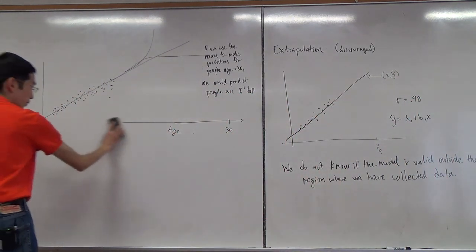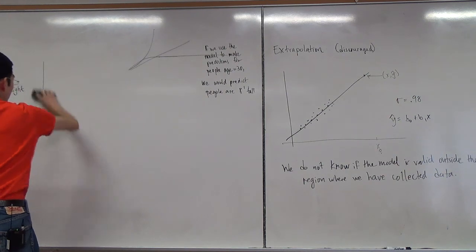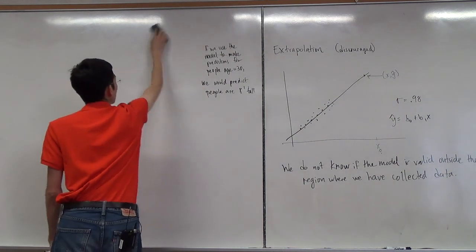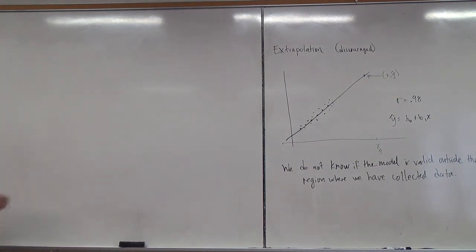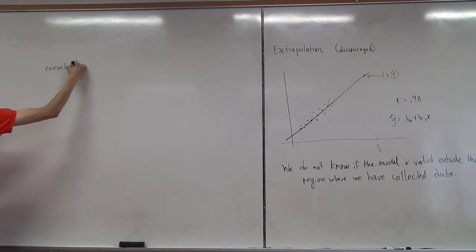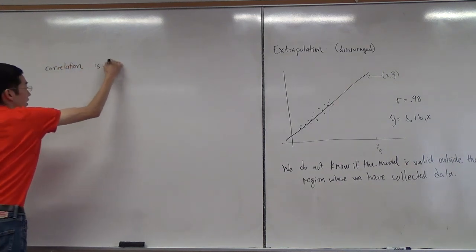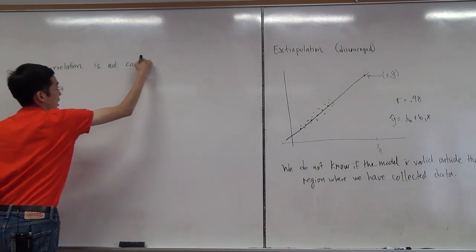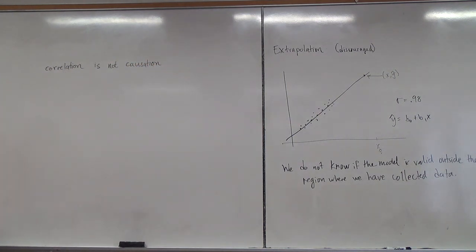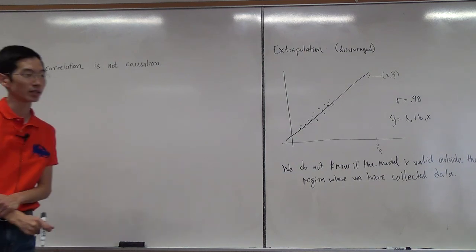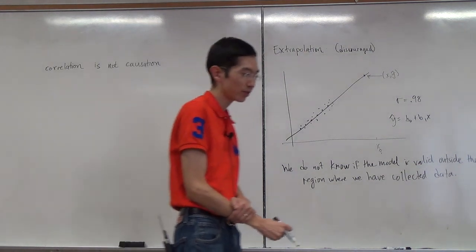And other warnings for regression is that correlation is not causation. And I think I've already mentioned this, but it's worth mentioning again. Correlation is not causation. If you see two variables are correlated, there's probably some kind of relationship.